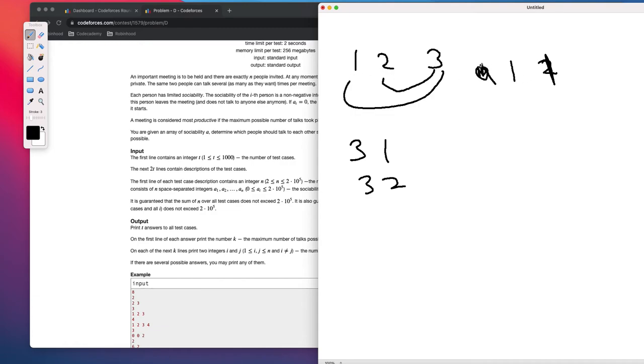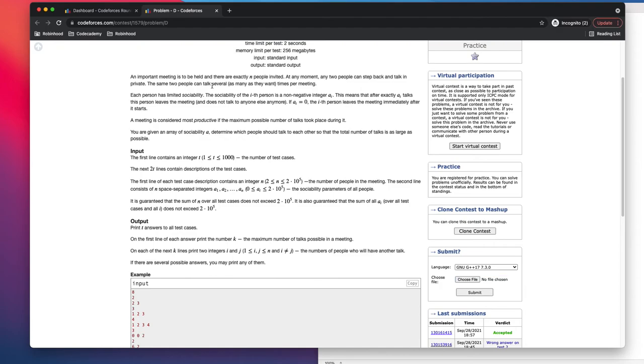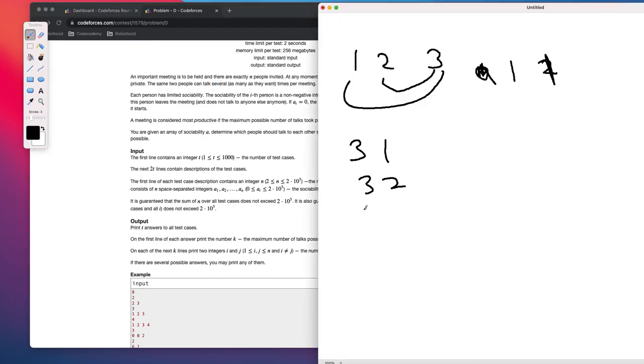Now this person is gone, and the leftover is 1 and 1. So they can talk again. It says two people can talk as many times as they want. So then 3 and 2 can talk again. So the maximum count here is 3, the connections or pairs.